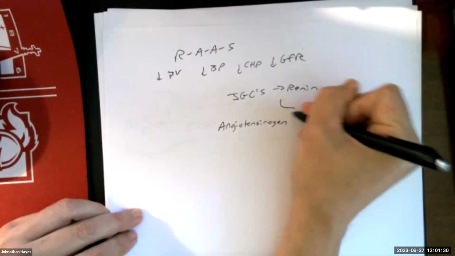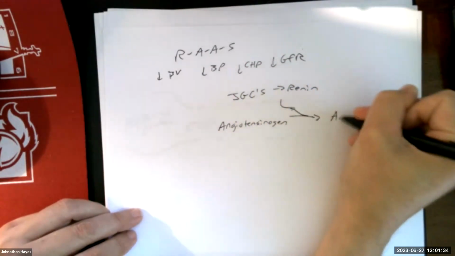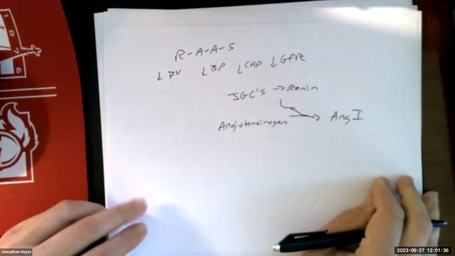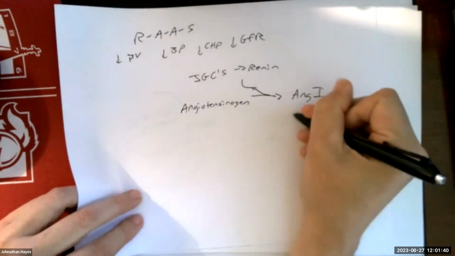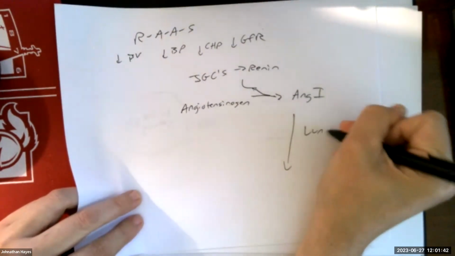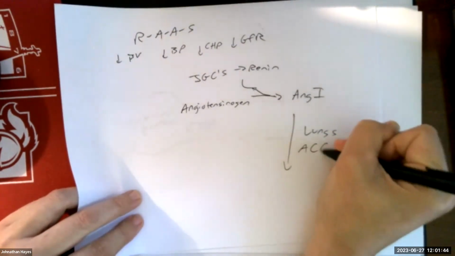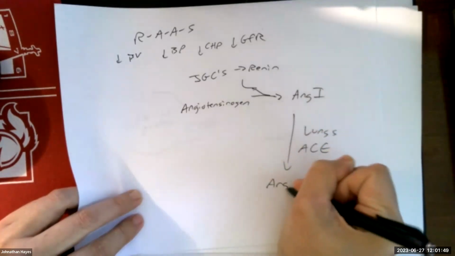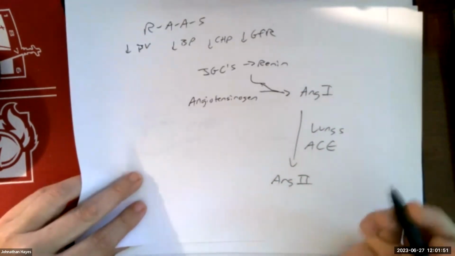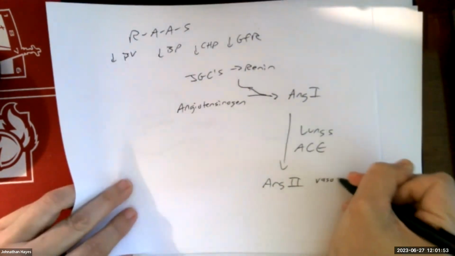And in the presence of renin, that can convert angiotensinogen into angiotensin 1, okay? And angiotensin 1 doesn't really do anything, but as it passes through the lungs and comes in contact with angiotensin converting enzyme, or ACE, then it becomes angiotensin 2, and angiotensin 2 is a very strong vasoconstrictor.